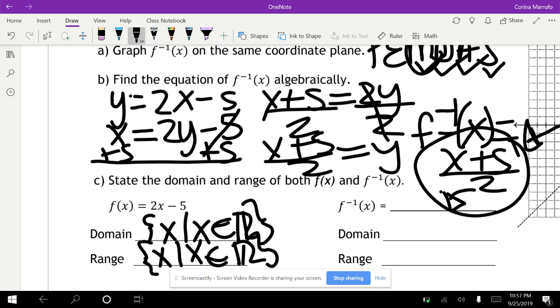If you don't want to write it fancy like that, you can write it in interval notation. So it goes from negative infinity to positive infinity. And it will be the exact same thing for the range, negative infinity to positive infinity.